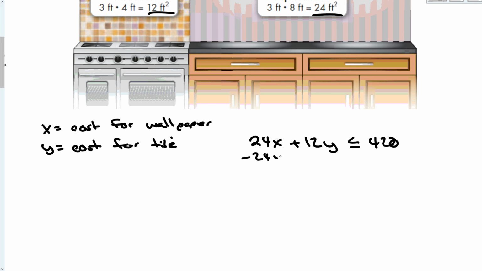So let's subtract 24x from both sides. We have 12y is less than or equal to negative 24x plus 420. Divide out the 12, and y is less than or equal to negative 2x plus 35.